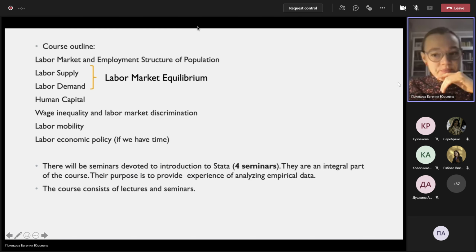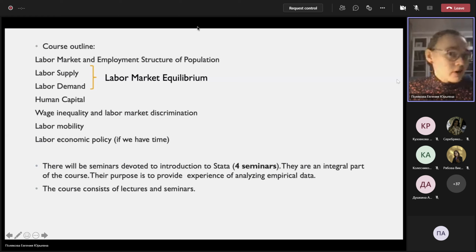Okay. Basically, this is a really small course outline. We discuss the labor market and employment structure. It's a kind of introduction, nothing complex. Then we learn about labor supply and labor demand. These are basic equilibrium models that you have probably heard about in the microeconomics course.